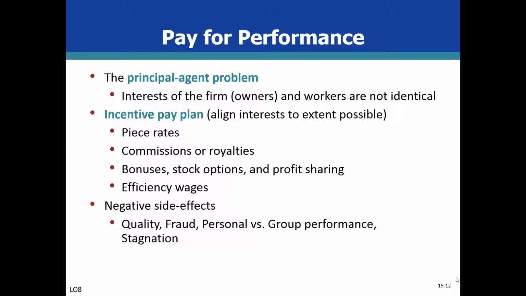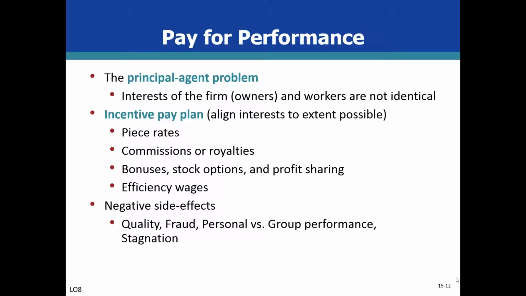Owners of the business try to align the interests of workers and owners with the following reward systems. Let's look at a couple of them. Piece rates. Although this is diminishing in popularity, piece rates is a system where people get paid directly for the output they produce. A farm worker gets paid a certain amount for every bushel of apples that are picked.